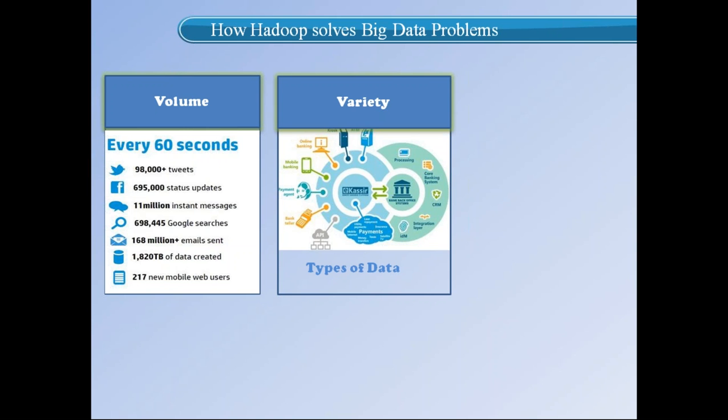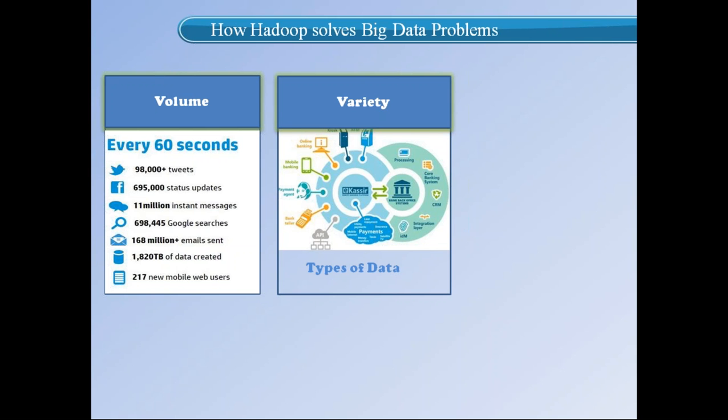And as I mentioned in the diagram, variety: API, bank, payment agent, mobile banking, online banking, and ATM. These are the devices which are connected to the cloud or to some databases and which generate data according to their mechanism. Some machines generate data of their own type. The ATM's data, we don't know what type it is, but it is stored somewhere. And it's generated day by day. It's increasing.